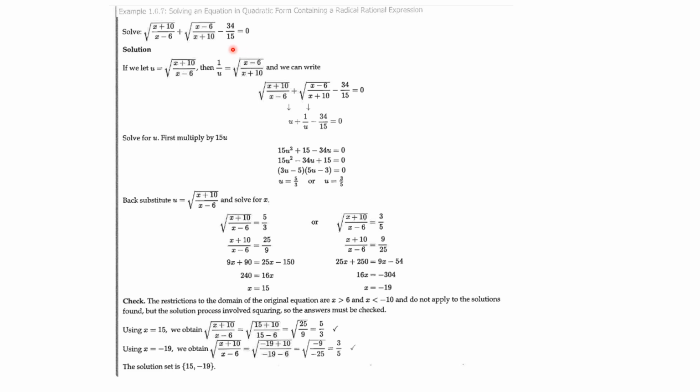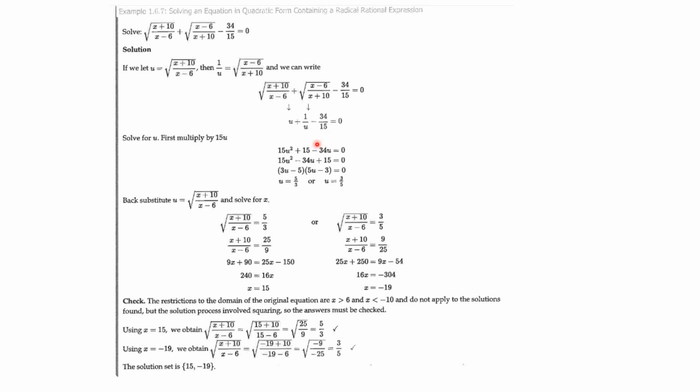Now in this case, if we let u equal the square root of the whole of (x + 10)/(x - 6), then 1/u is the square root of (x - 6)/(x + 10). And so our original equation can be written as u + 1/u - 34/15 = 0.